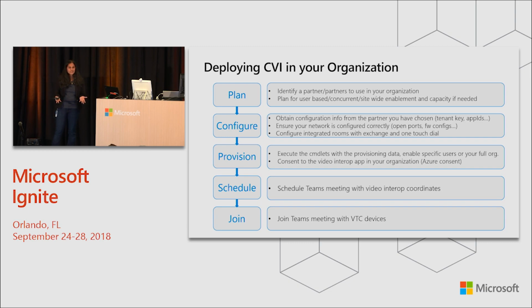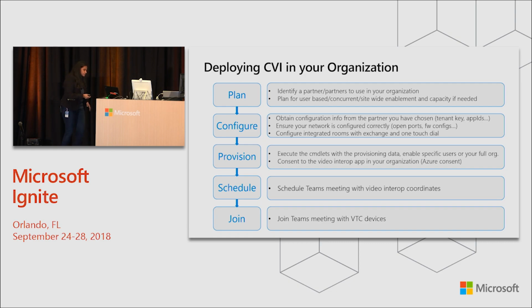For example, if you are an exec and you are trying to invite other execs from other companies, it is likely that they will end up joining with other third party devices. For those scenarios, again, it depends on who your user base is. We provide several options here: user base, concurrent, or your entire tenant, depending on what you want for your organization.